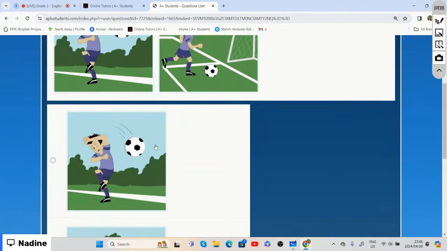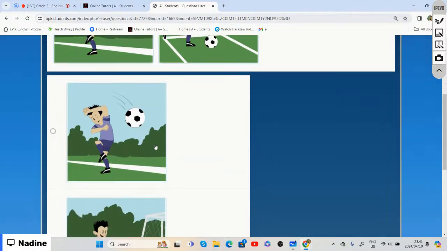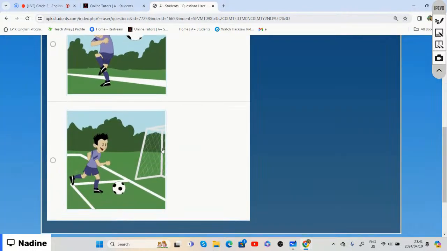Is it the first option where he's very scared of the ball, or the second option where he is running with the ball, brave and happy?